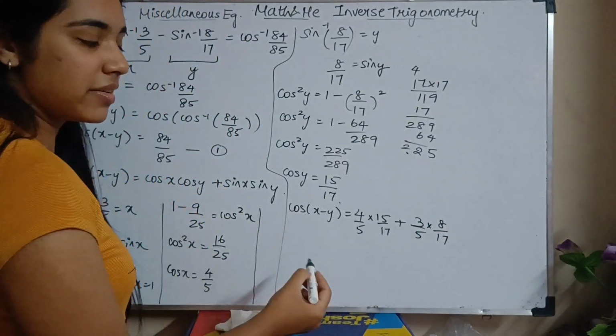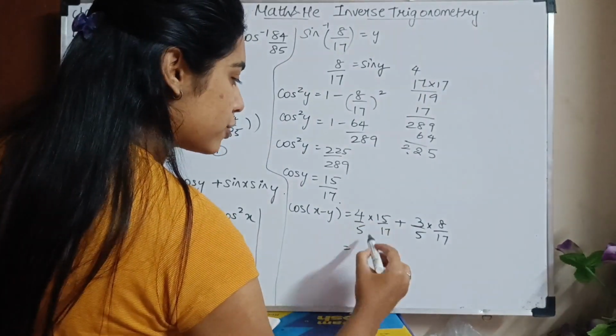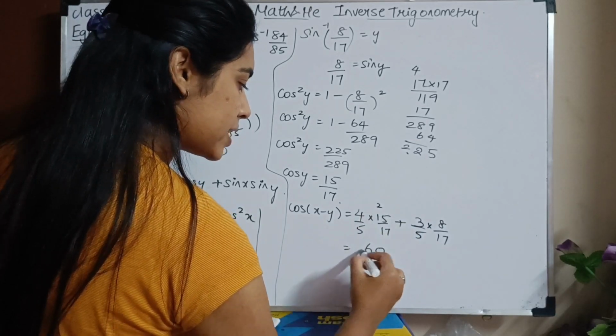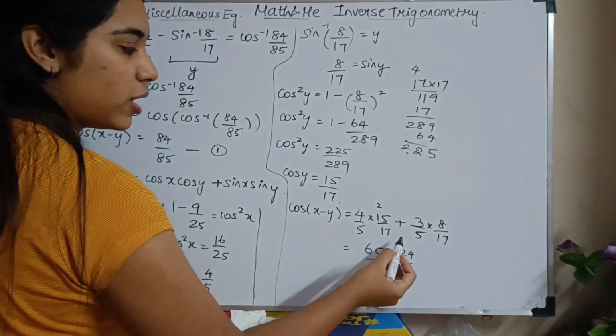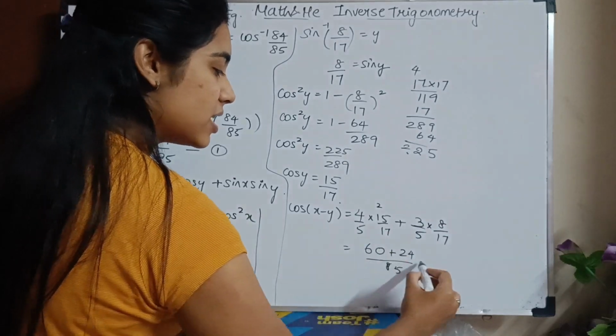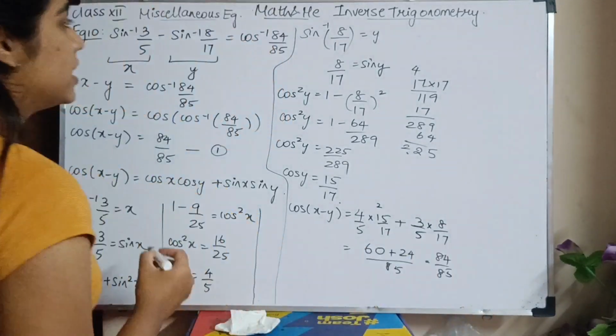The common denominator is 5 by 17, and I'm not going to cancel this; I'm going to multiply. 5 fours are 20, 2 carry over, 4 ones are 4, so 60. Plus 8 threes are 24, so 84, divided by the common denominator: 7 fives are 35, 3 carry over, 5 ones are 5, so 85. I'll be left with 84 divided by 85.